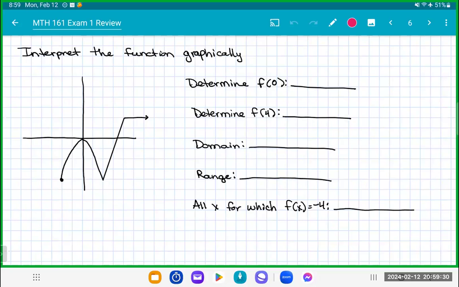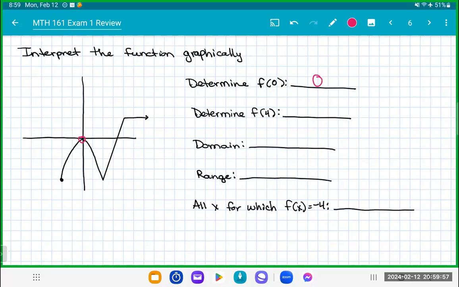So for this next one, we need to interpret this graph graphically. For the first one, we want to determine what is f of 0? What that's saying is, what is my y value when x equals 0? So I come here and my y value when x equals 0 is 0.